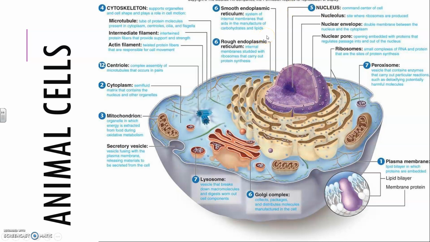Smooth ER is used to manufacture carbohydrates and lipids, whereas rough endoplasmic reticulum, through its interactions with the ribosomes, is used to create proteins. So the information goes from the nucleus into the smooth or rough ER, and then through the ribosomes to produce the proteins into a vesicle, which then goes to the Golgi apparatus, or Golgi complex, and then out to the rest of the cell.